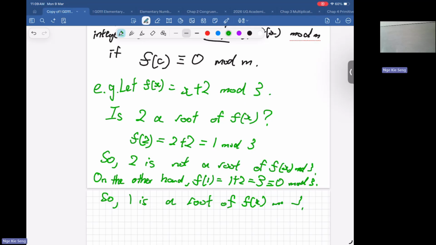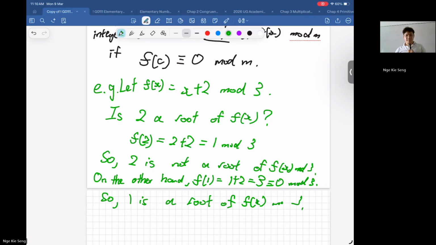Does it make sense? The number system here is a bit different from the real numbers, so please be careful. If c is a root of f(x), then any integer congruent to c mod 3 is also a root. For example, if you put in 3 plus 1, which is 4, it's also a root.